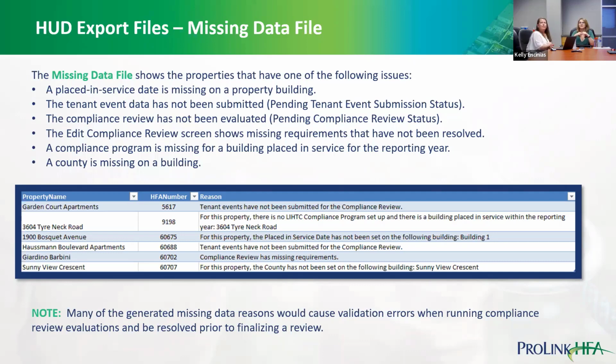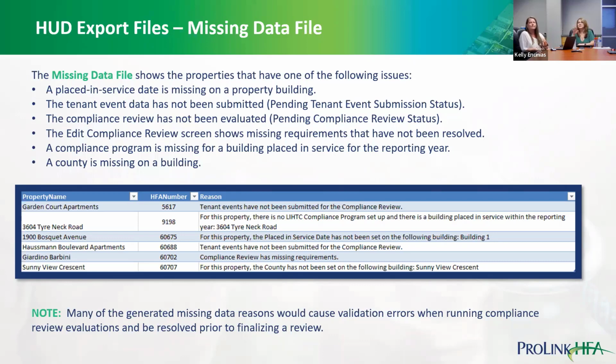You could maybe see these when you do this HUD export, but very likely you will have cleaned up a lot of it by running the evaluation. This is like the safety net under the trapeze at this point.